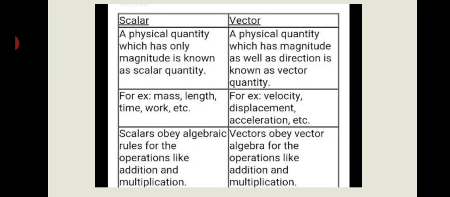Vector quantity: a physical quantity which has magnitude as well as direction is known as a vector quantity. Examples of scalar: mass, length, time, work are examples of scalar quantity. Velocity, displacement, acceleration are examples of vector quantity.